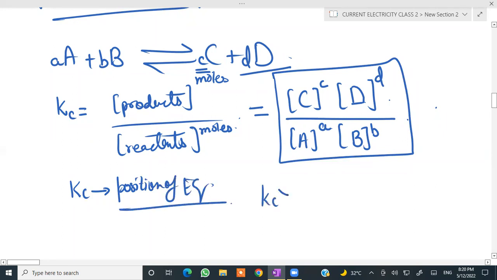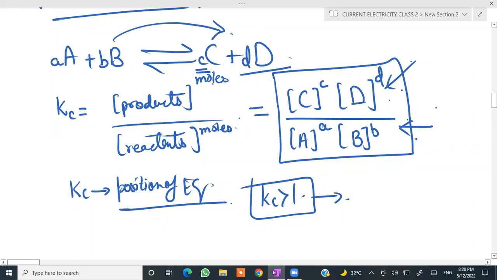If Kc is more than 1, what does it tell you? Kc being more than 1 would mean there are more products than the reactants. So equilibrium is shifted on the right-hand side.